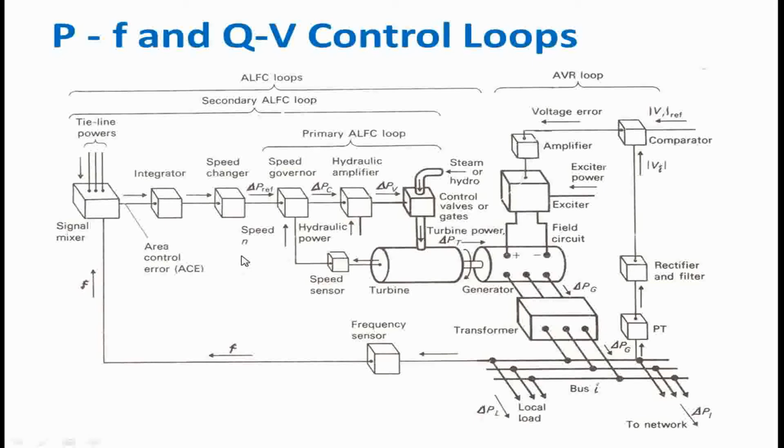That is, we have to match the power demand with the power generation, whereas in the secondary control loop we are going to adjust the frequency, that is, we are going to make fine tuning of the frequency, and also it is responsible for the power interchange between the other networks, that is it is responsible for the flow of power in the tie line.